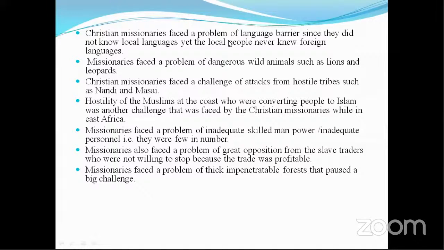Okay, so let us go back to... I can see Andrew. Teacher, the last point, you wrote missionaries faced the problem of thick, impenetrable forests that posed a big challenge. You wrote posed. Don't you mean caused? I'm not actually getting your point very well. The question is not clear.